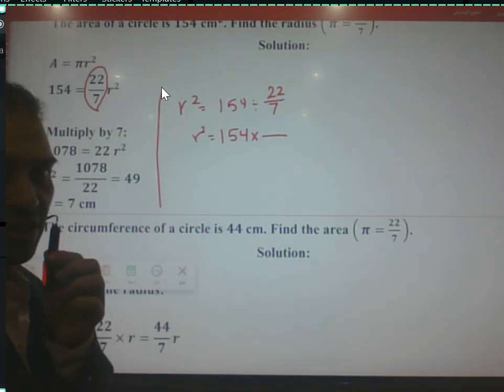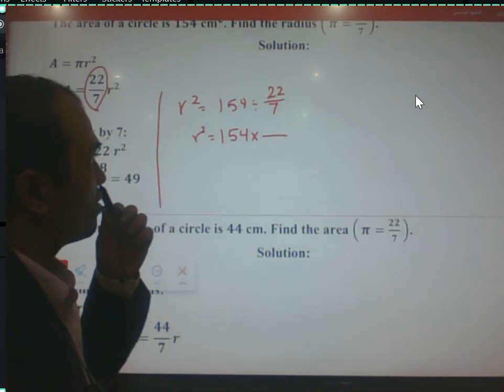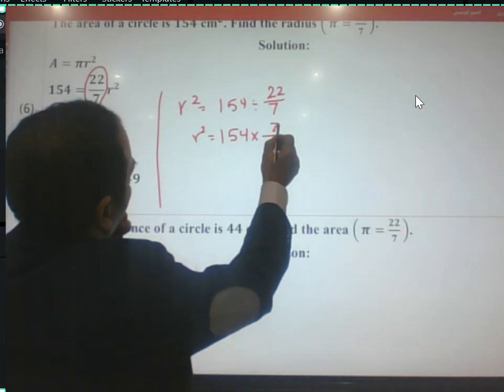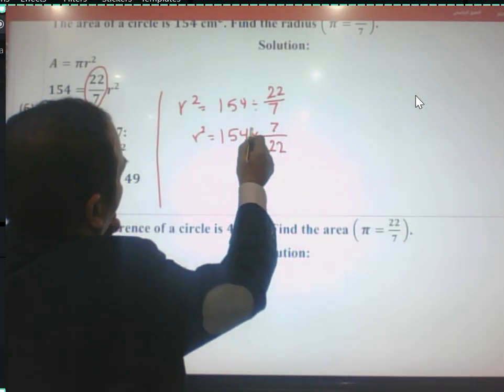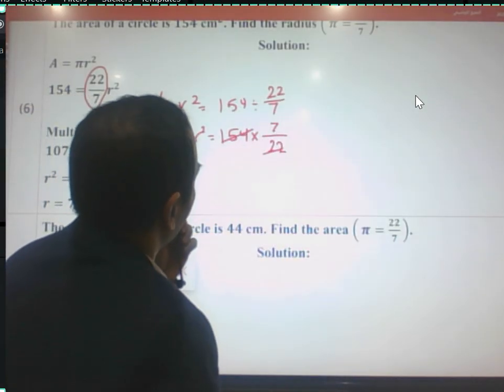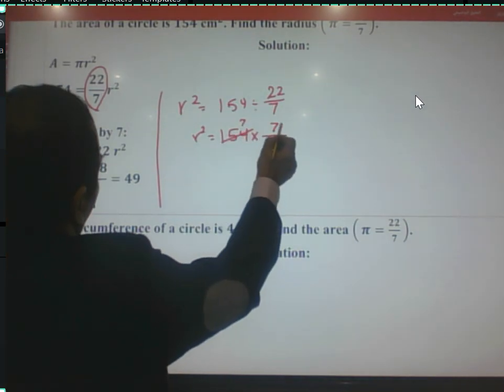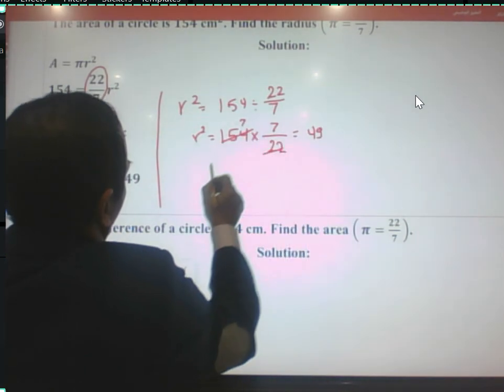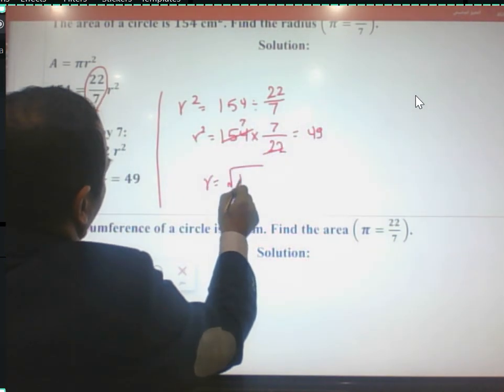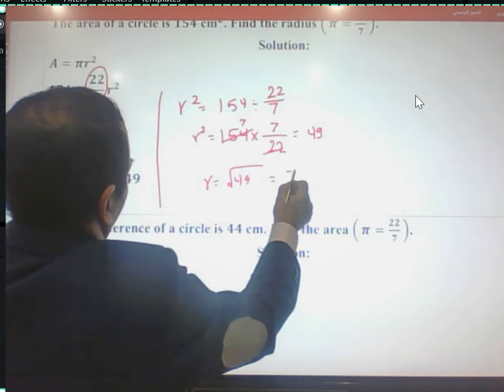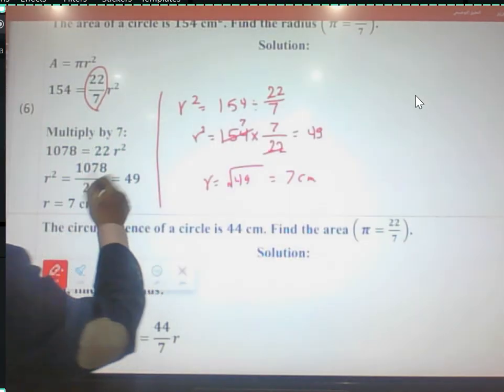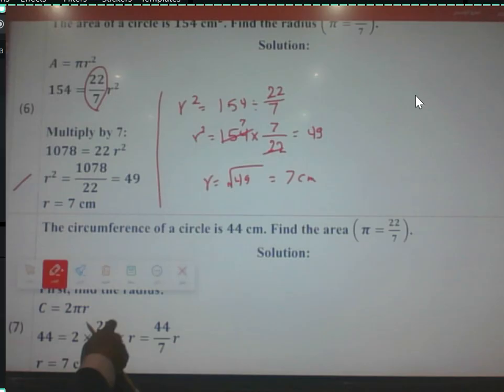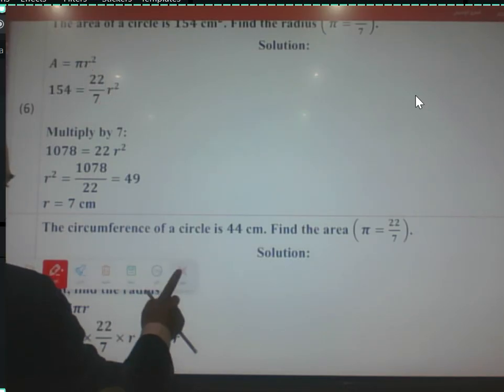Convert from division to multiplication. Write the reciprocal of this number. The reciprocal of this number equals 7/22. 154 divided by 22 is 7. Then 7 times 7 is 49. Now we can find the radius. Square root of 49 is 7 centimeter. Or you can use this method to find the answer. Okay. Next question down here.